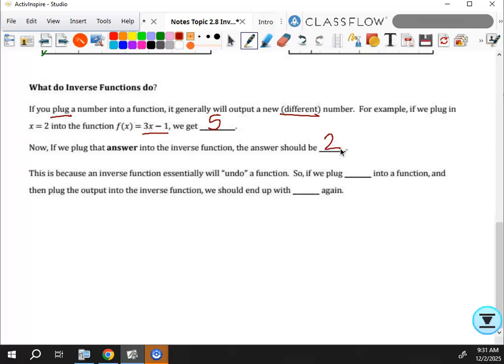Because you're just undoing it, like multiplying by 2 and then dividing by 2 or something like that. This is because an inverse function will essentially undo a function. So if we plug x into a function and then plug the output into the inverse function, we should end up with x again. Make sense?